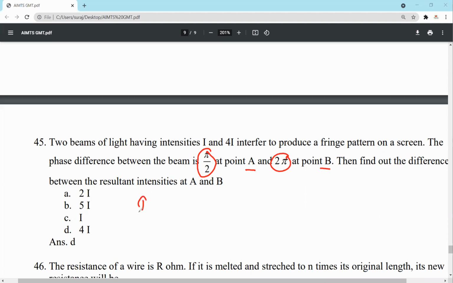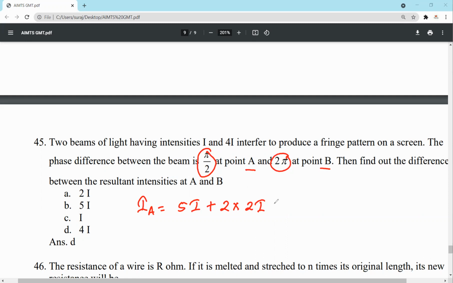Easy question. Resultant intensity at A is how much? I1 plus I2 plus 2 root I1 root I2 cos of the phase difference. That is 5I plus 4I into cos pi by 2.